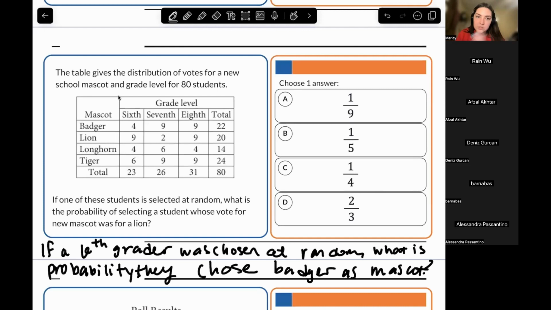So that's an additional question for you once you solve the initial question.